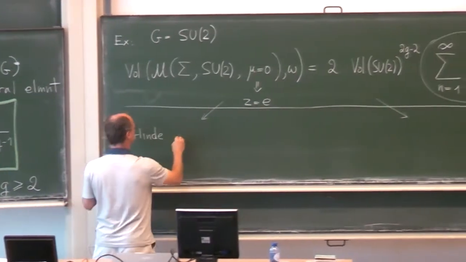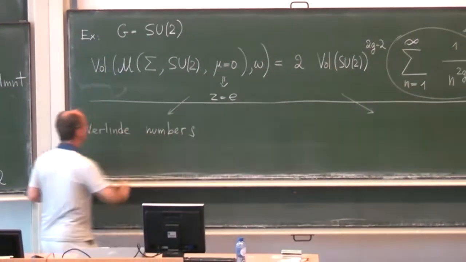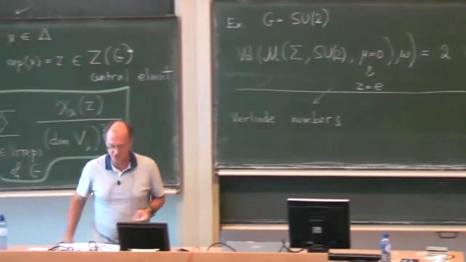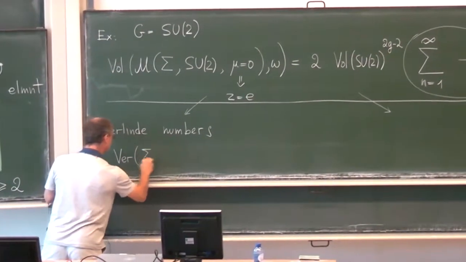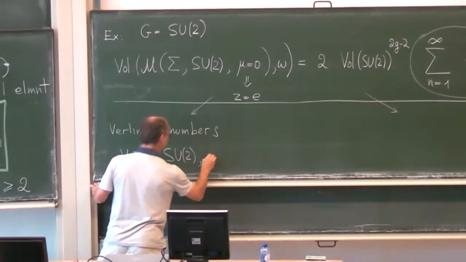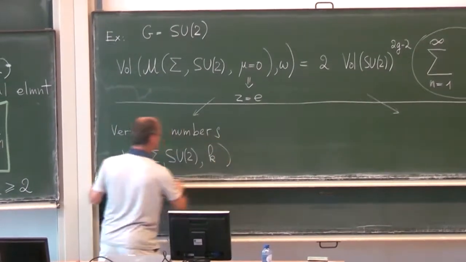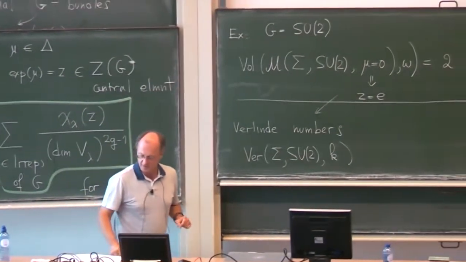So there are Verlinde numbers, which in some sense generalize volumes. So Verlinde of sigma and SU2, and there will be an integer that I will comment on in a second.